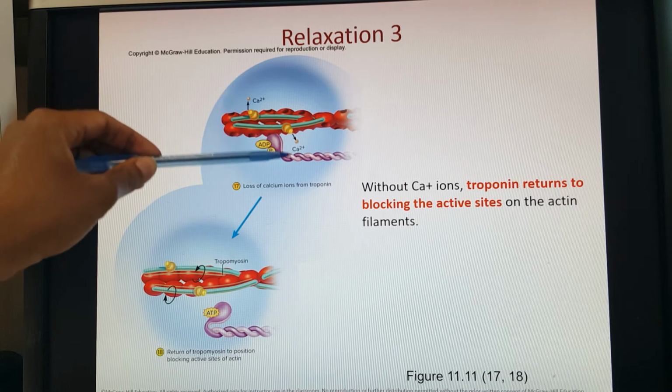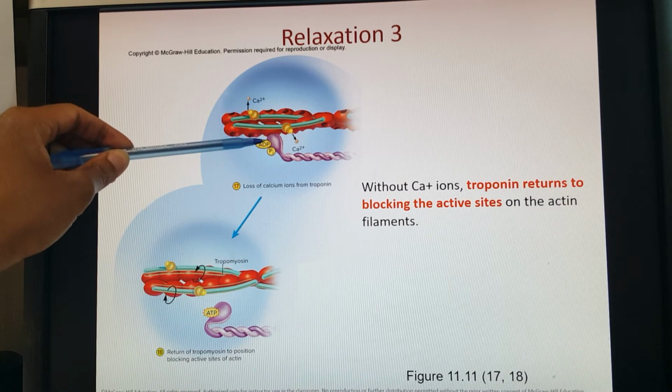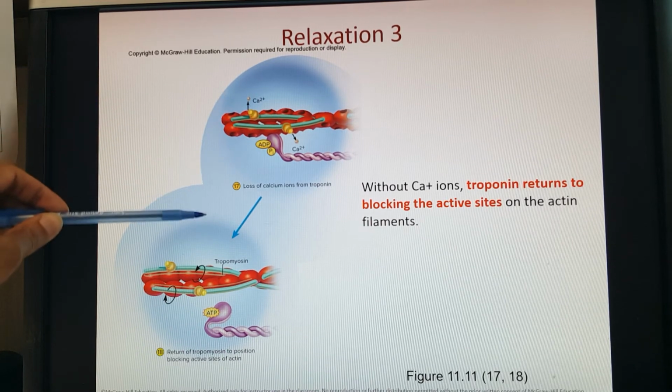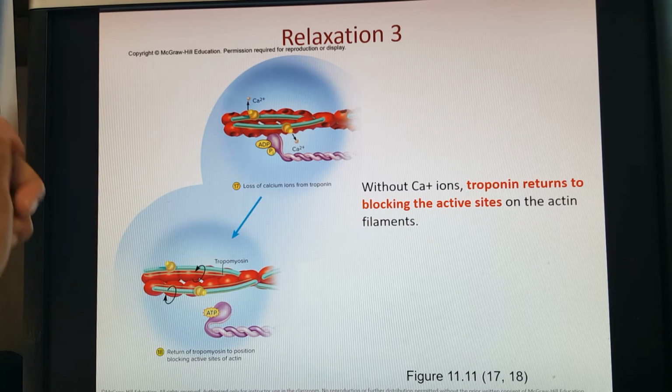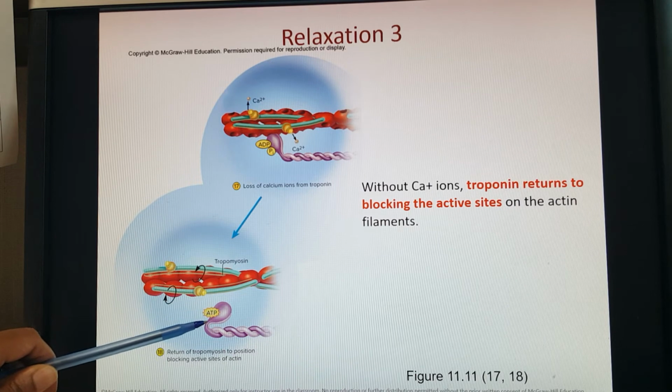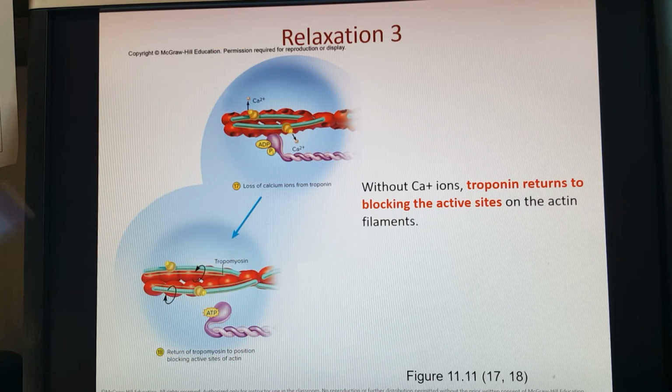Okay, so our ADP and phosphate group, after it's released, after you've had your actual pull, breaking of that bond using another ATP molecule, your calcium releases, and tropomyosin binds to your active sites on actin again, so it blocks the ability for the myosin head to bind to the active sites on actin.